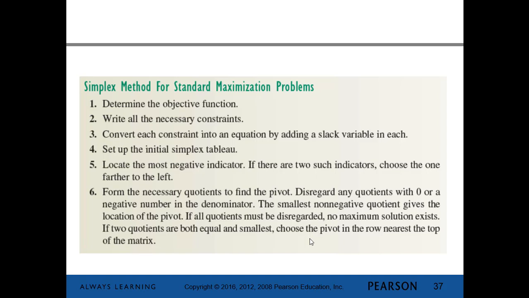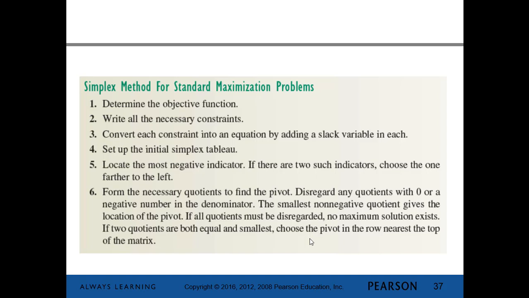Now 5 says locate the most negative indicator. If there are 2 such indicators, choose the one farthest to the left. 6, form the necessary quotients. Remember, we're dividing the coefficients in the constraints, taking the coefficients in that column and dividing the rightmost numbers. Form the necessary quotients to find the pivot.